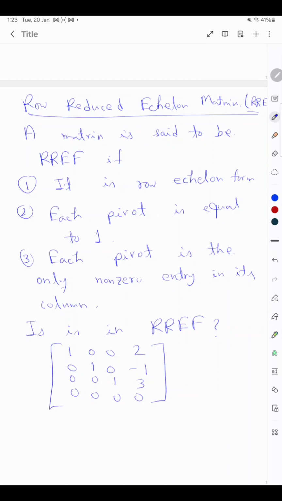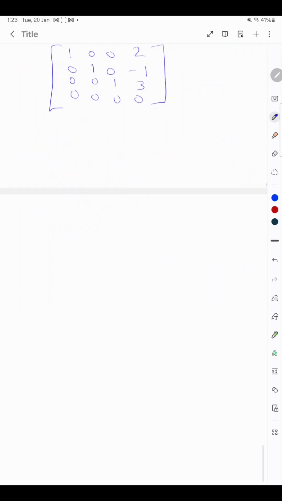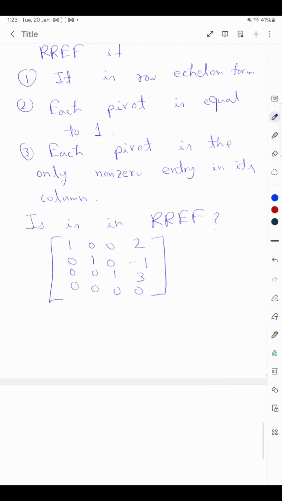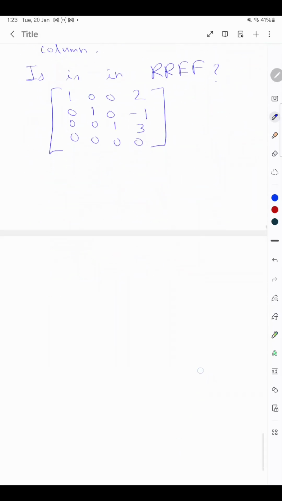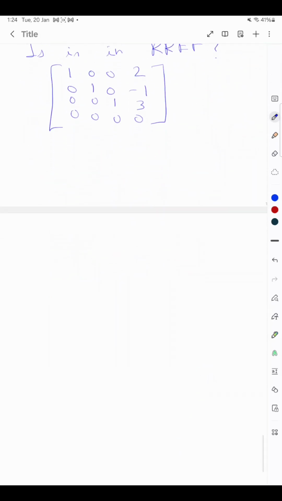You just check whether this is REF or not. When you write the homework, you just write this matrix and just say this is REF or not, in this way. Is it in RREF form?